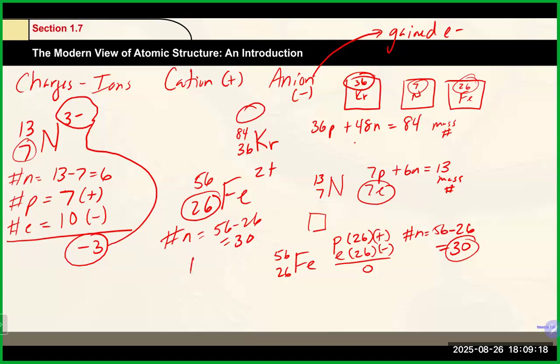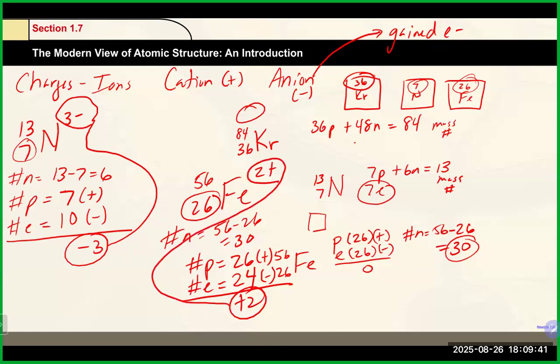So the number of protons here is going to be 26 positive guys. That means how many electrons would I have in this case? 24. Yeah. 26 positive things plus 24 negative things leaves you a plus 2 left over, which once again is where the charge comes from.